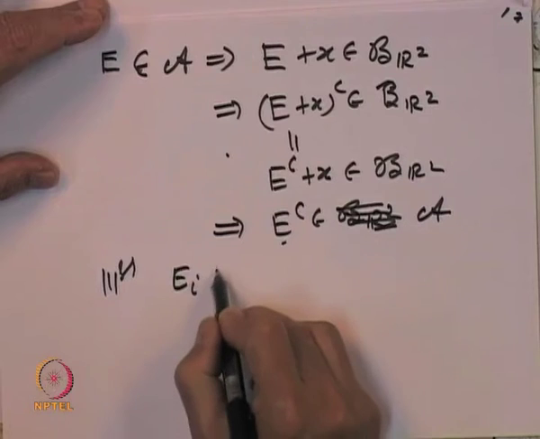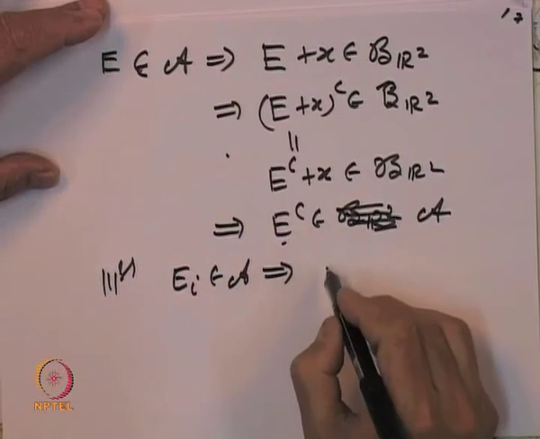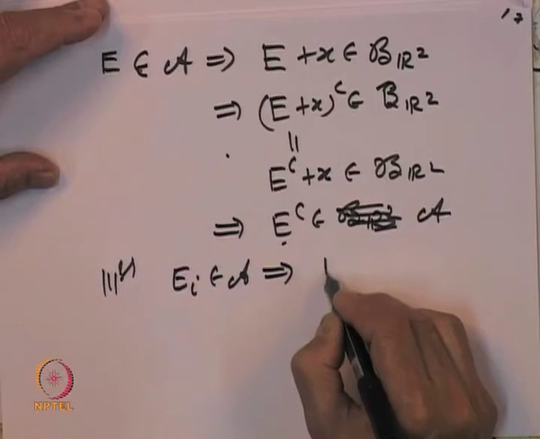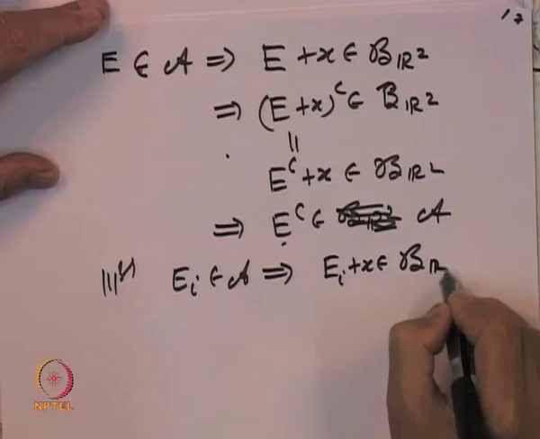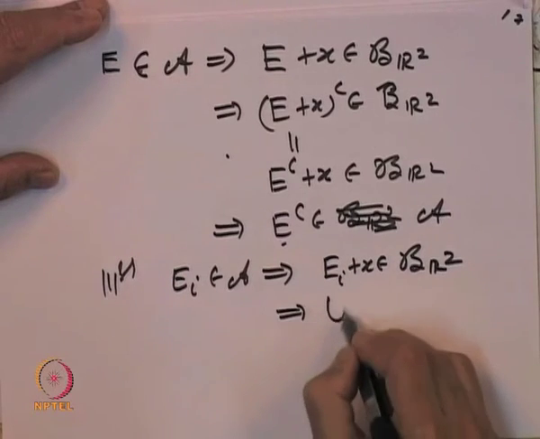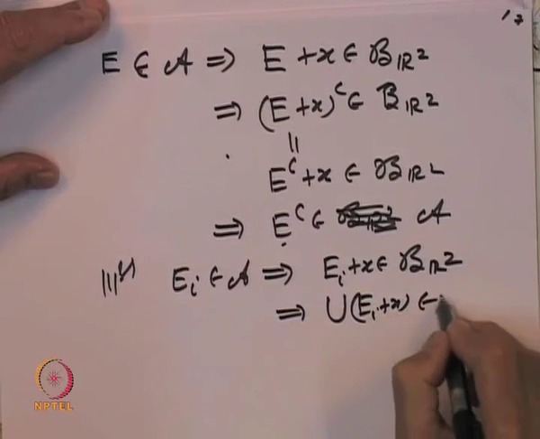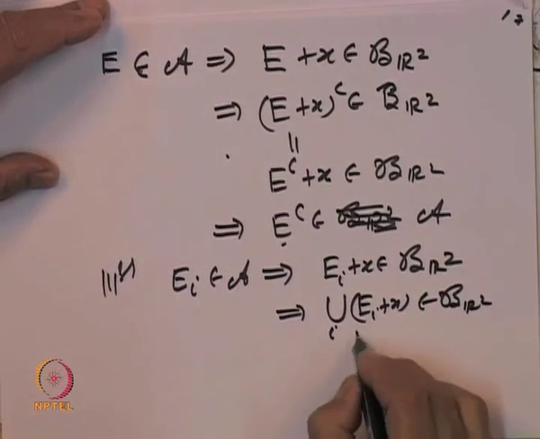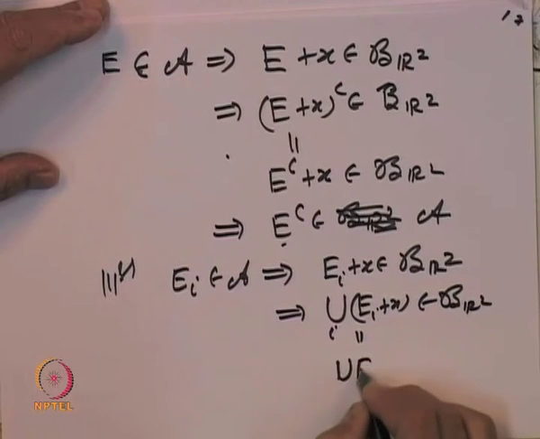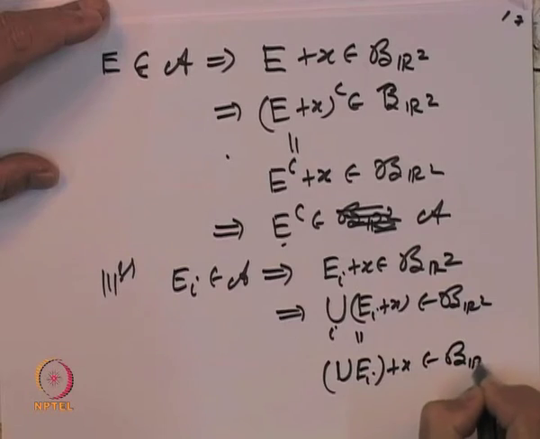Similarly, E i's belonging to A will imply that each E i plus x belongs to B R 2. So, that will imply that the union over i of E i plus x belongs to B R 2, but this is the same as the union of E i's plus x belonging to B R 2.